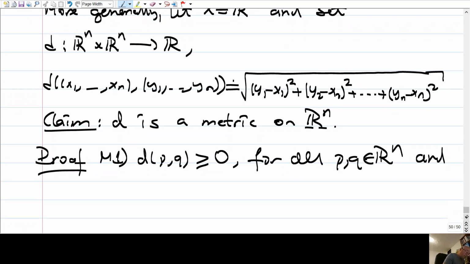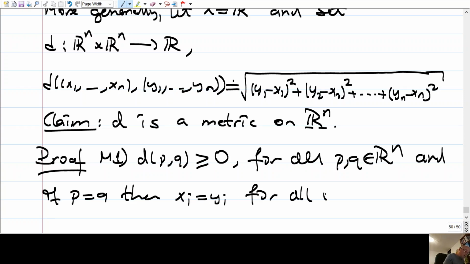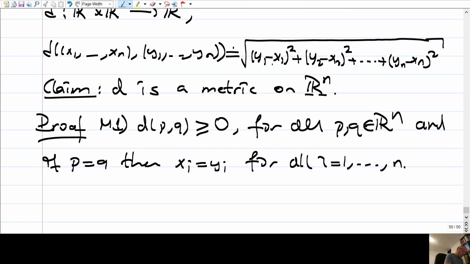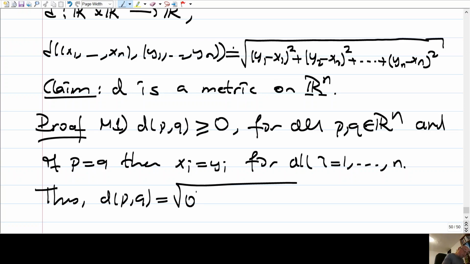And if P equals Q, then xi is equal to yi for all i from 1 up to n. But then, of course, these are all 0, thus d(P,Q) is just 0 squared, 0 squared, and so on, which is 0.